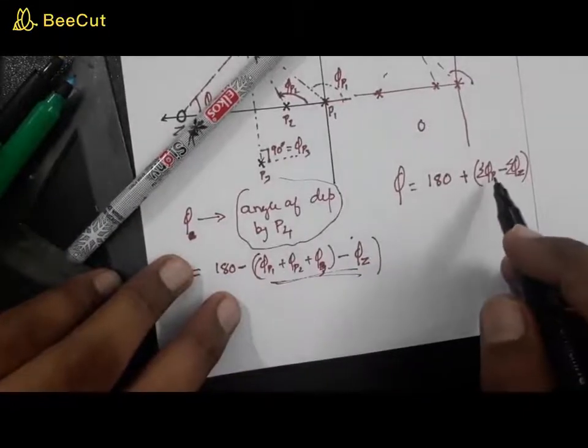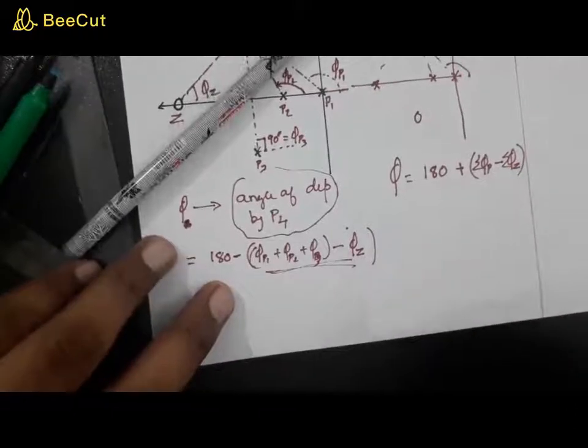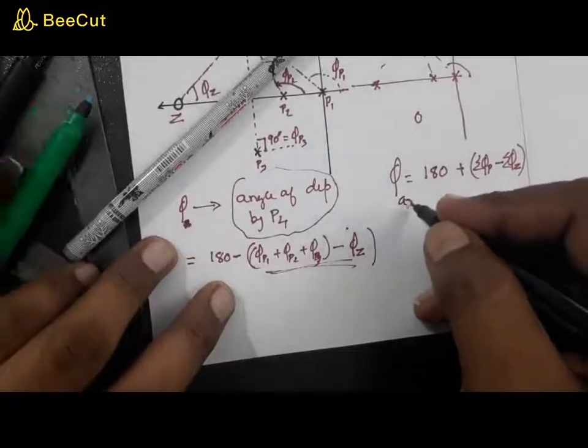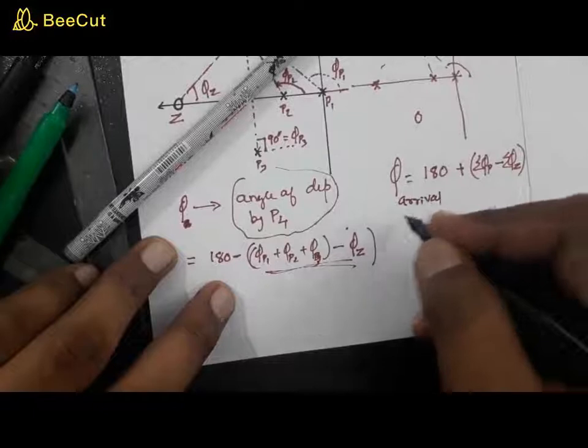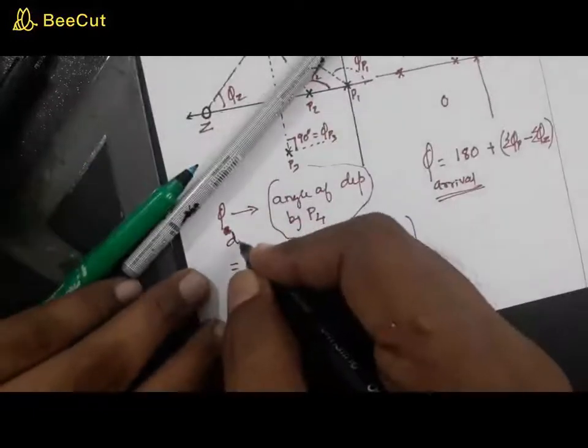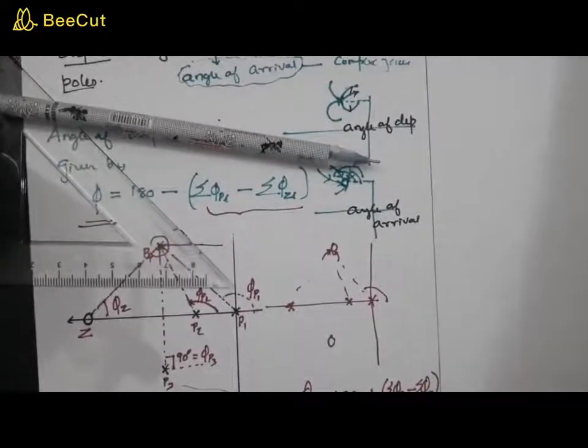It is the sum of poles minus the sum of zeros. That is the phi due to the arrival. This is arrival, this is departure. Okay, hope you understood. So in our problem, what you need is the angle of departure.